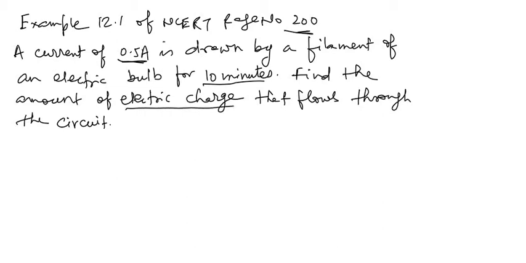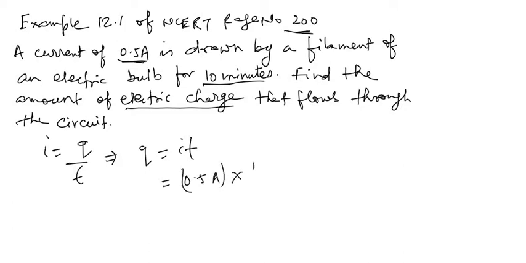We know from the formula of electric current, that is I is equal to Q upon T, so we can write Q is equal to IT. We have the value of I, that is 0.5 ampere, multiplied by 10 minutes.